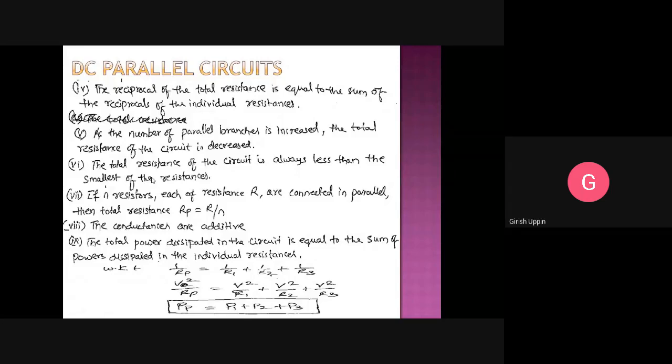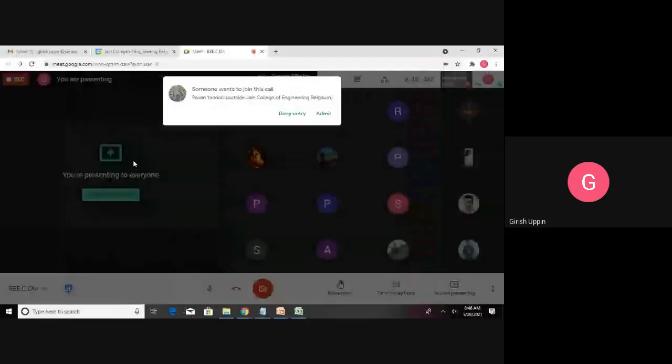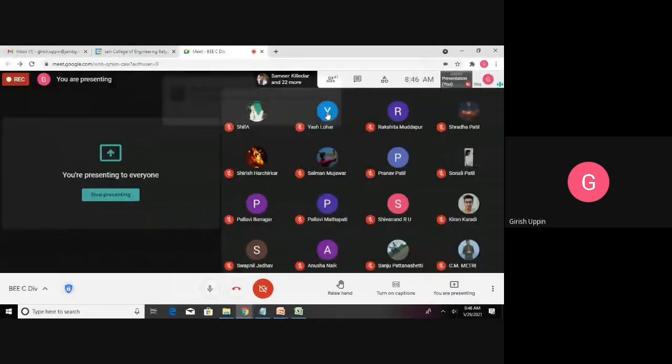So if you calculate the resistance, then you will figure out the total resistance or the equivalent resistance comes out less than the smallest value. When we are solving the problems, we will revisit this. When you solve this, then you will be able to understand the meaning of this. And it is another way to understand whether your answer is correct.